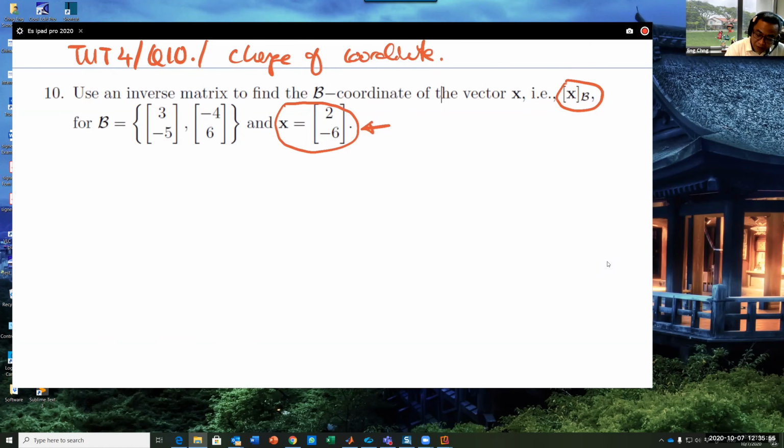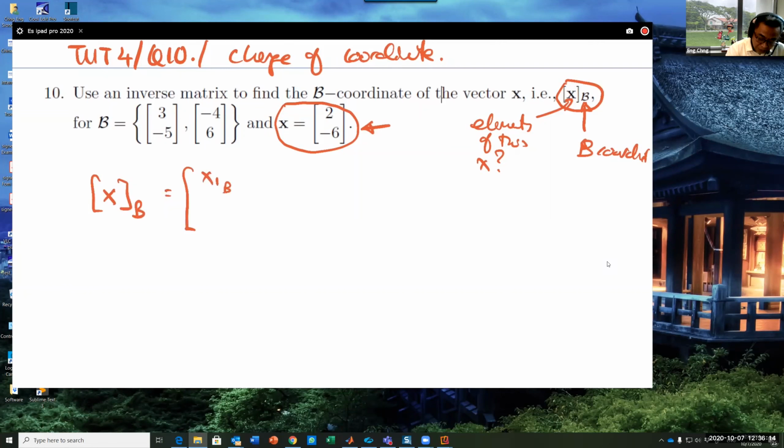And what are now the elements of this X? To figure that out, first understand X bracket B means we have X1 and then I put a B here, X2, I put a B here.